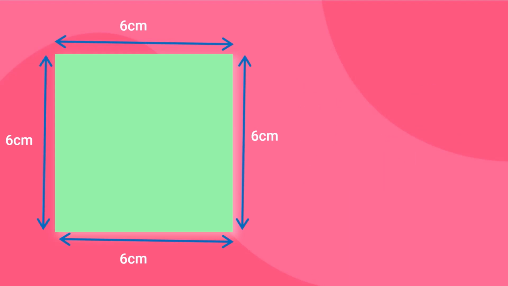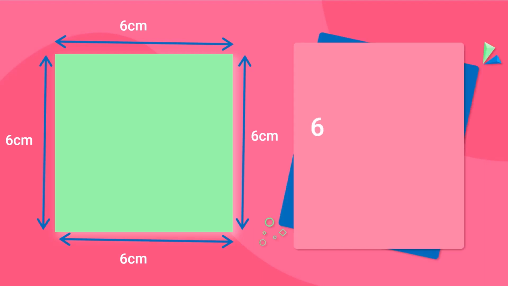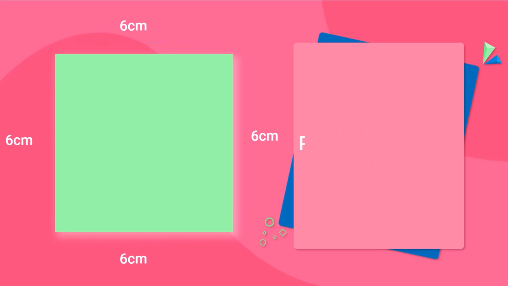The perimeter of a square will be calculated as 6 cm plus 6 cm plus 6 cm plus 6 cm, which gives us 24 centimeters. Therefore, the perimeter of a square with a length 6 cm is 24 centimeters.